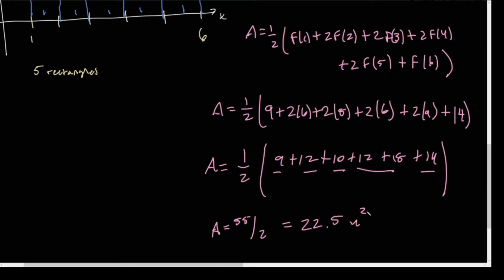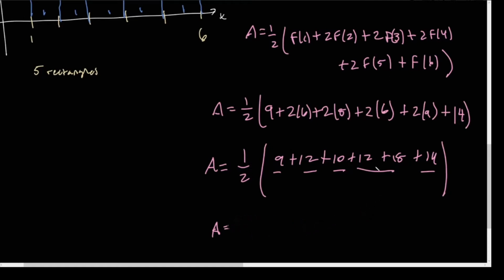So this is what we found. We do from 1 to 6. Wait, did I miss something? 9 plus 12 plus 10 plus 12 plus 18. Oh, I totally added those wrong. This comes out as 37.5.